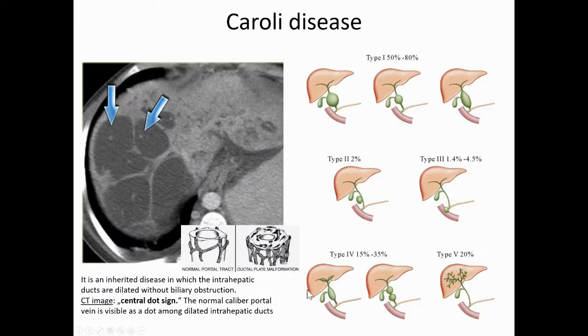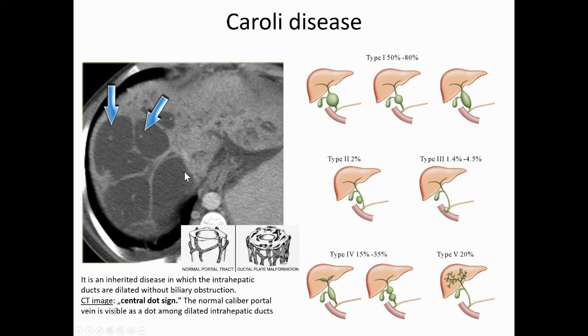Caroli disease is an inherited disease in which the intrahepatic ducts are dilated. So normally there is a vein and there are the ducts surrounding it. In this disease, these ducts are dilated and they can become quite large.